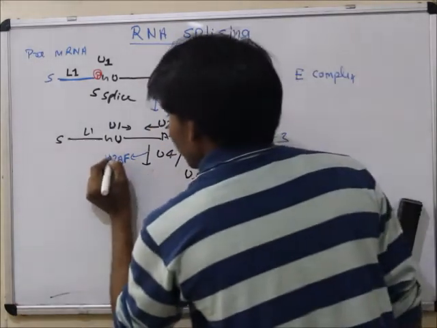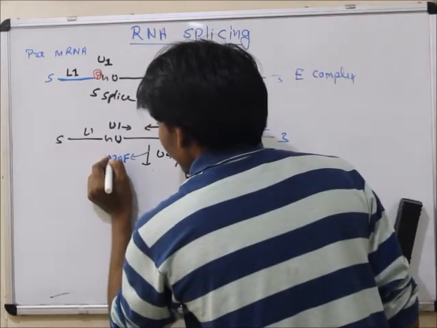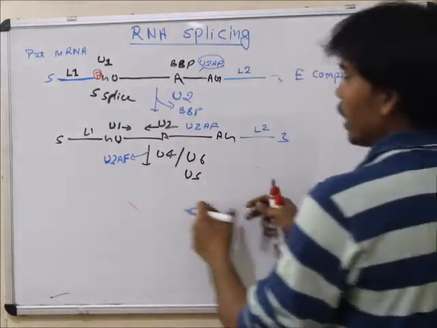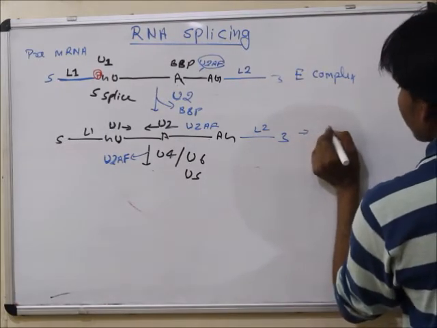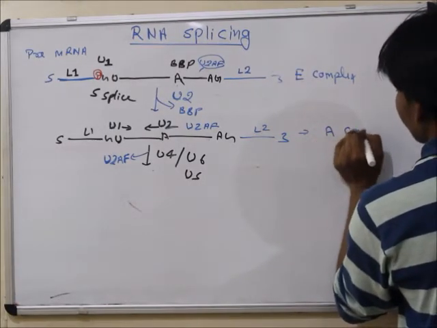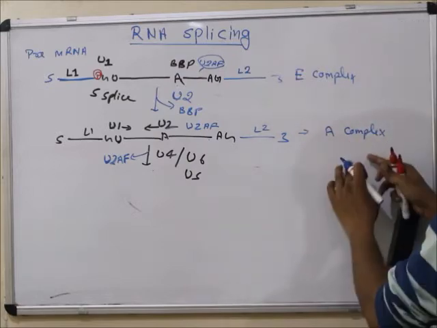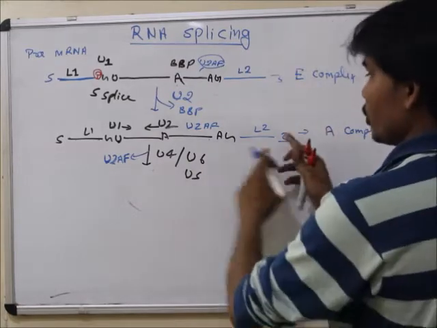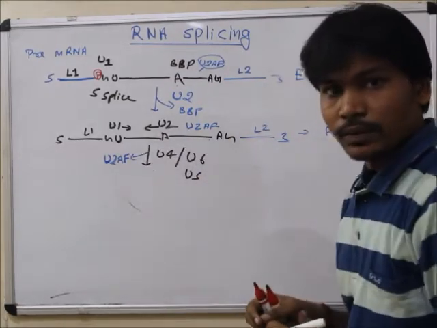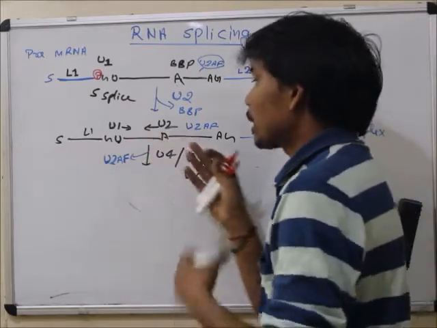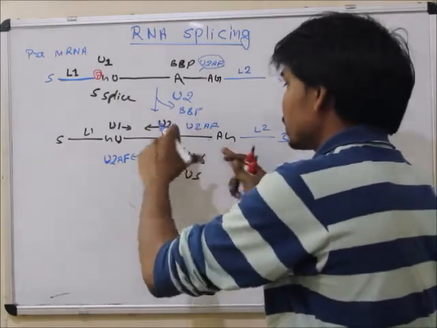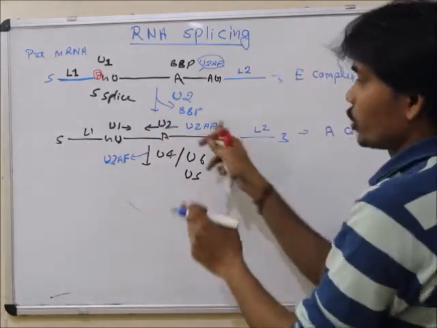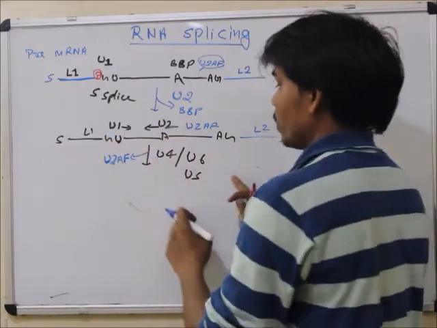This complex is the A complex. You can see here the combination of the ribonucleoproteins of the A complex.